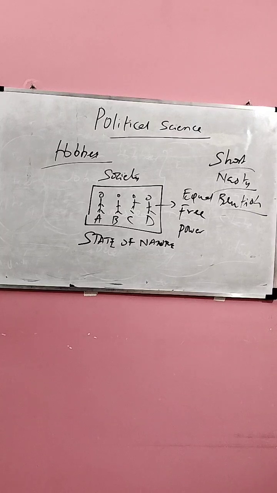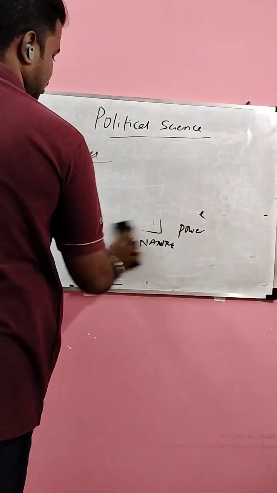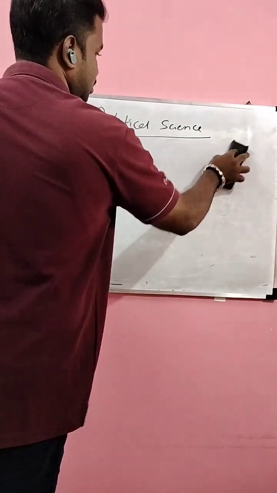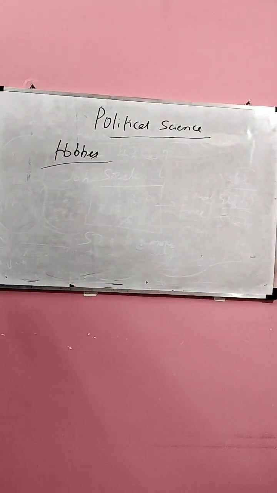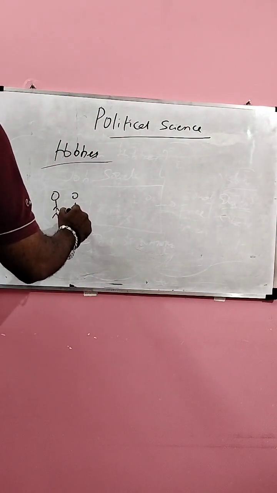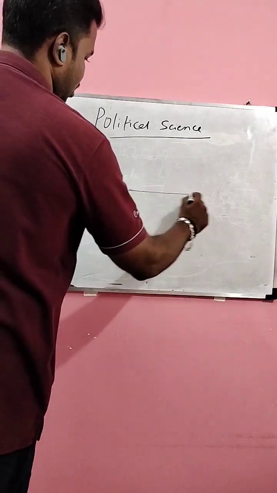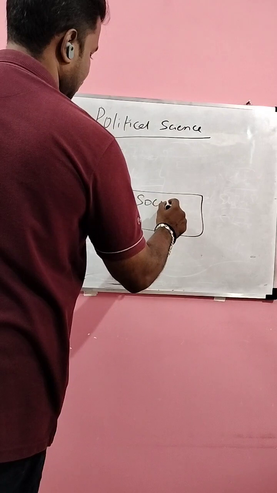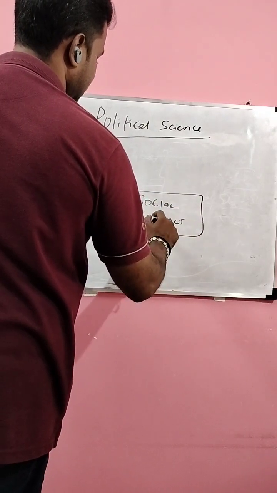Now, slowly they are evolving. They are reaching another state. How are they reaching it? From the state of nature, the people are signing something called social contract.